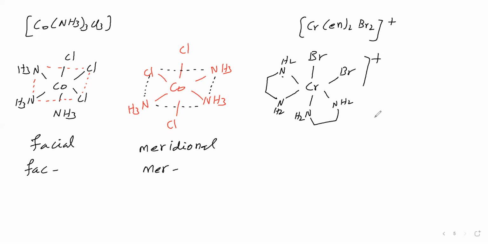Next possibility we'll see. Cr. Now bromines we will write across. Ethylene diamine we will write one here, one ethylene diamine, another ethylene diamine.